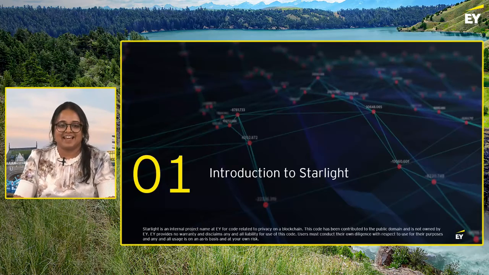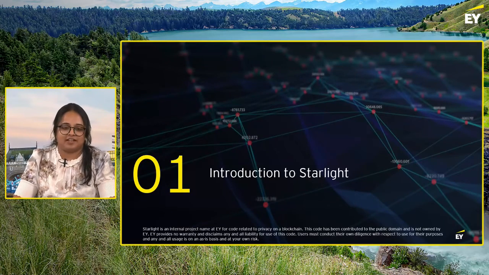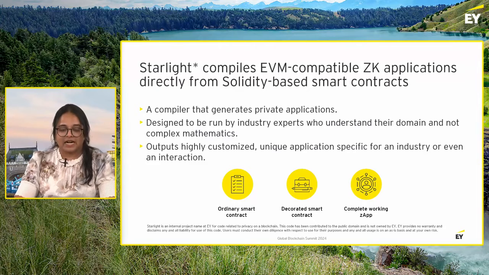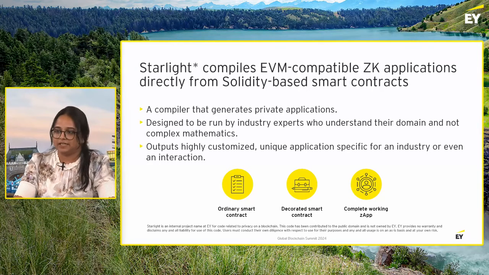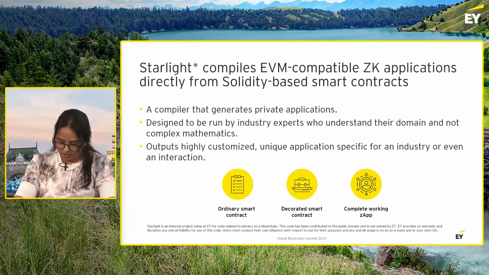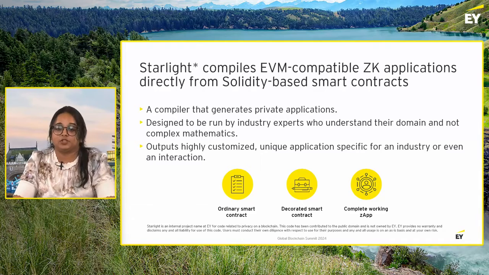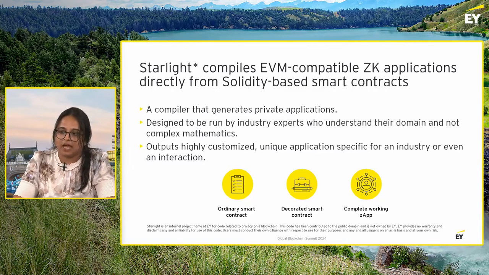Duncan has already introduced us, so I'll skip over the slides and move on to the introduction of Starlight. So Starlight at its core is a compiler, or you can say a transpiler, which empowers its user to achieve privacy for the business use cases, by employing their expertise in their domain and get a zero knowledge application for their specific business use case without worrying about any complex mathematics behind those zero knowledge applications.